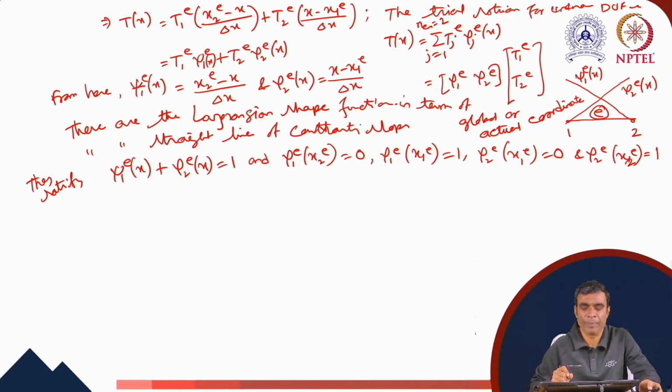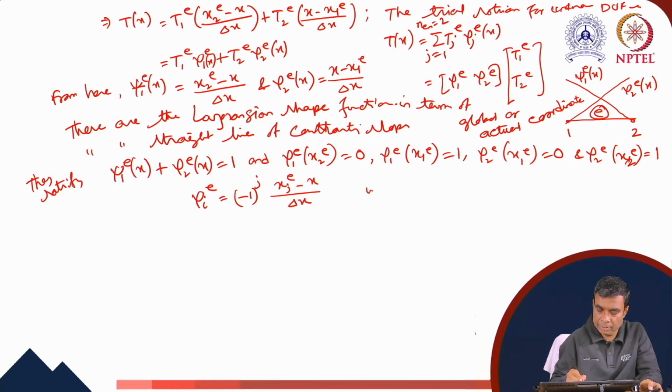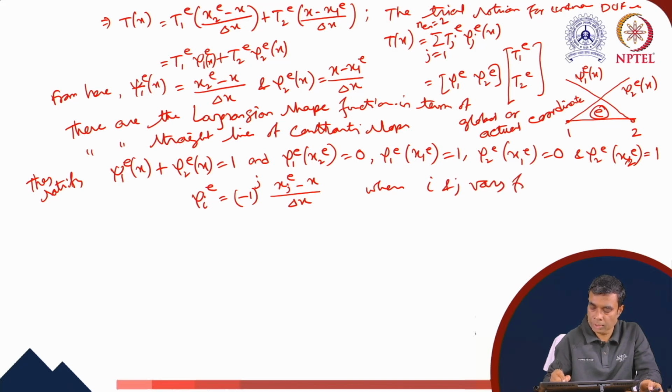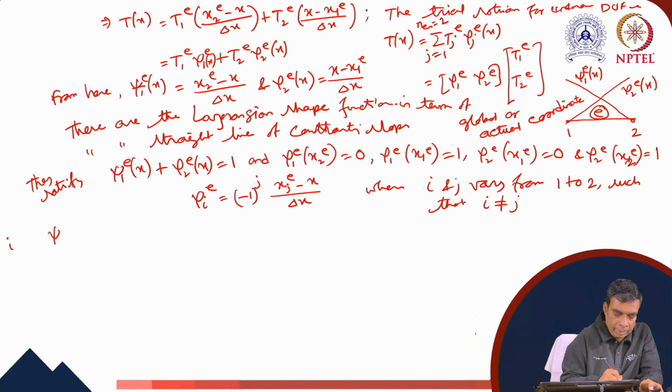Now we can write these two expressions in a very compact form, that psi ie equals (minus 1) to the power j times (xje minus x) by delta x, where i and j vary from 1 to 2 such that i is not equal to j. So for i equals 1, j will be 2.